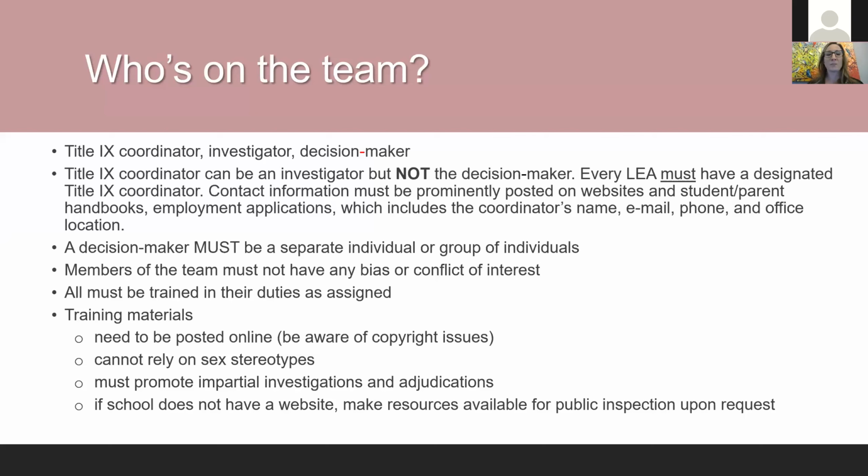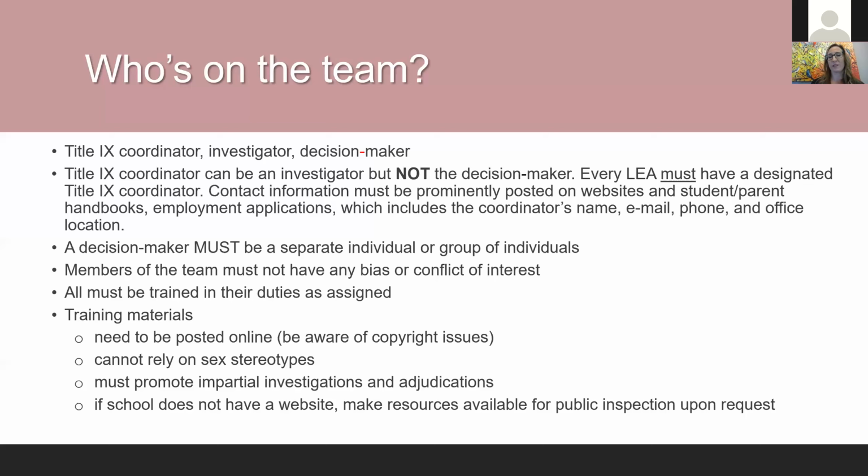So you've got the Title IX coordinator and the decision maker. The big thing here is you have to be trained. You have someone who's trained as a Title IX coordinator and someone trained as a decision maker. This can be tricky, and you have to demonstrate to the Department of Education that you are trained.